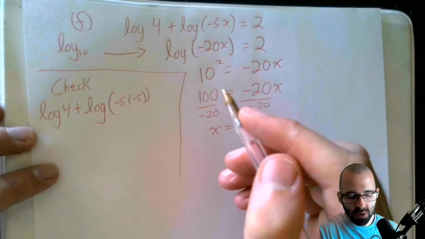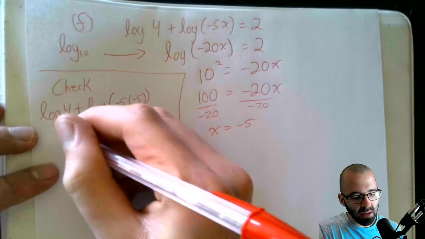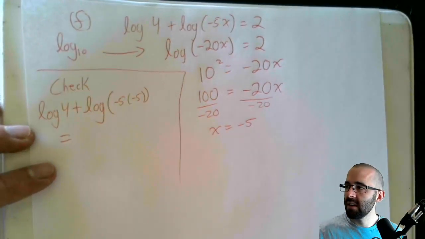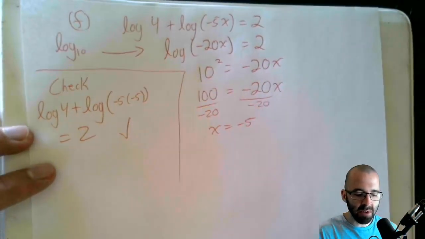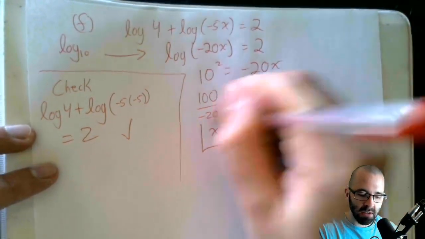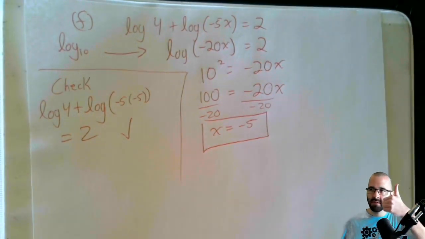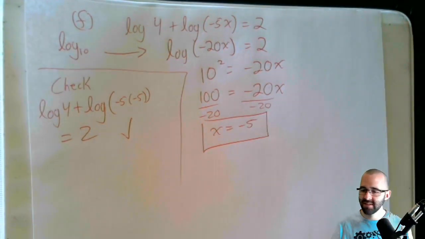Well, if you want to be a superstar, you can do this by hand, or you can just use a calculator. If you use a calculator and type that in, you're going to get that it's equal to 2. So because it checks out, we know we have the answer.